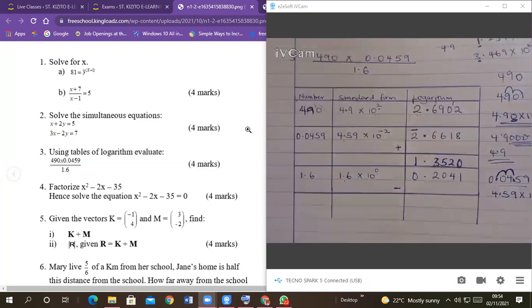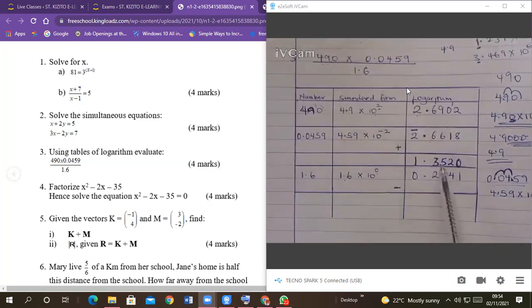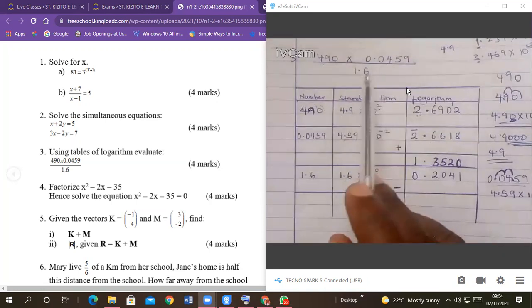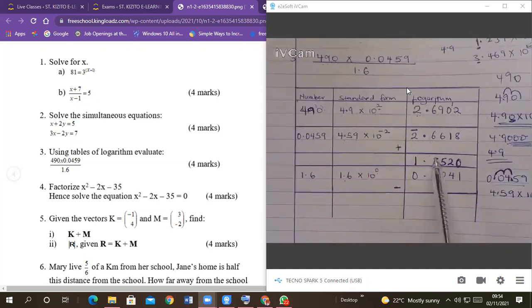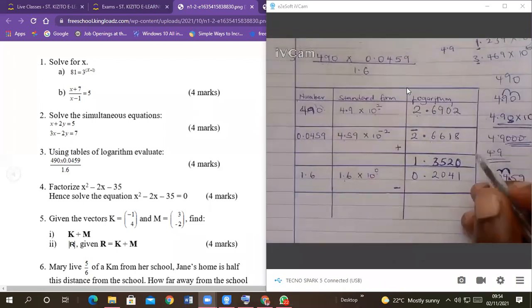The answer that we got here, which is 1.3520, comes from the multiplication, and we added to get this. Now, this is divided by this, so we are going to subtract this minus this, because here there is division. I think you have got that one very well.